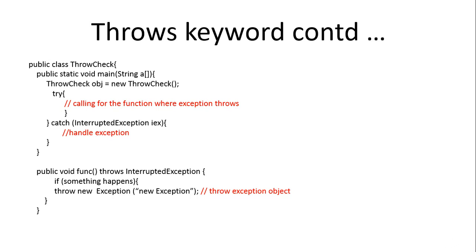So public void FUNC() throws InterruptedException, and inside the if condition you can see that we are creating an exception using the throw keyword. So we are creating an exception object using the throw keyword. So we use the throw keyword to create an exception.